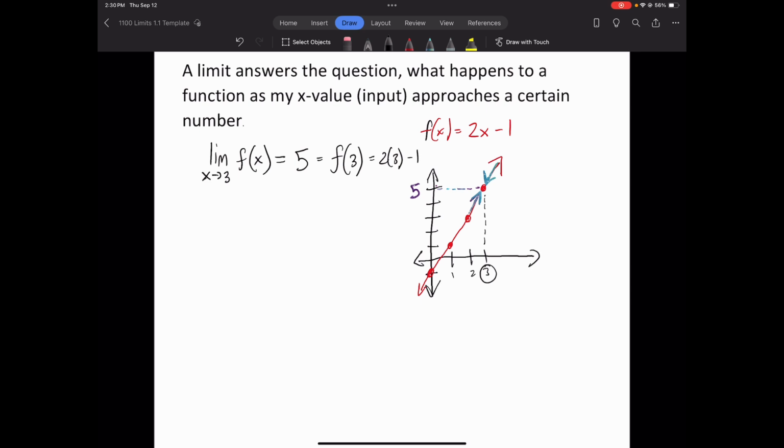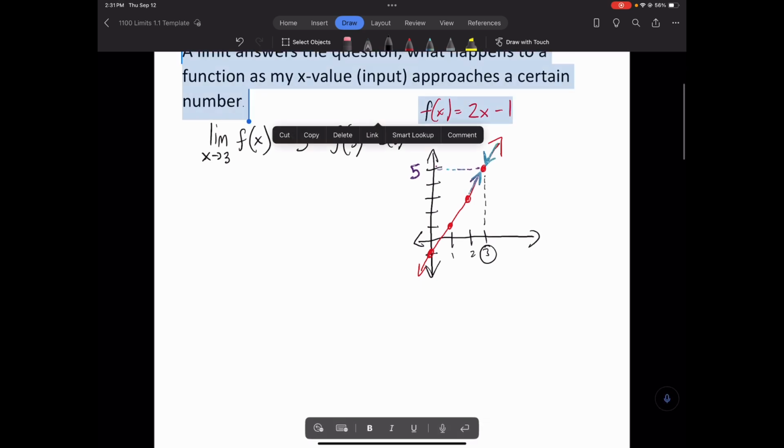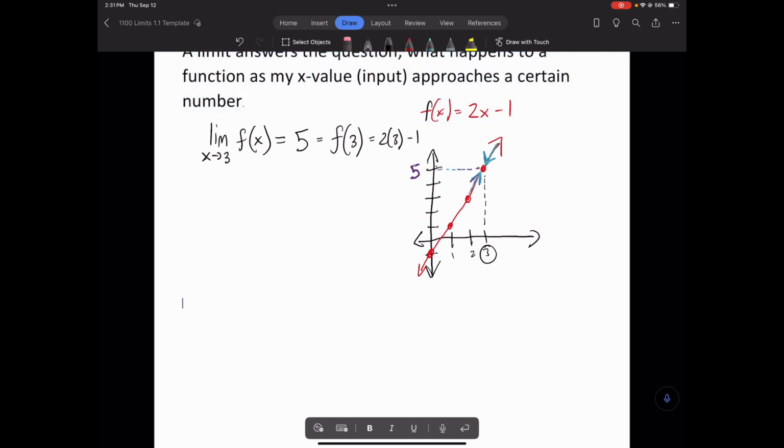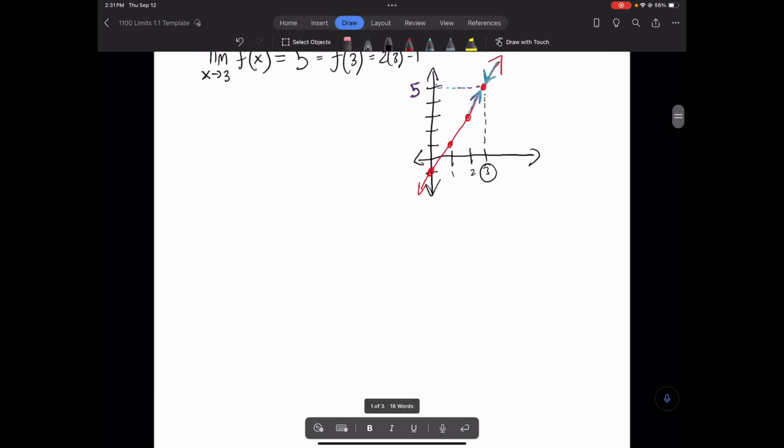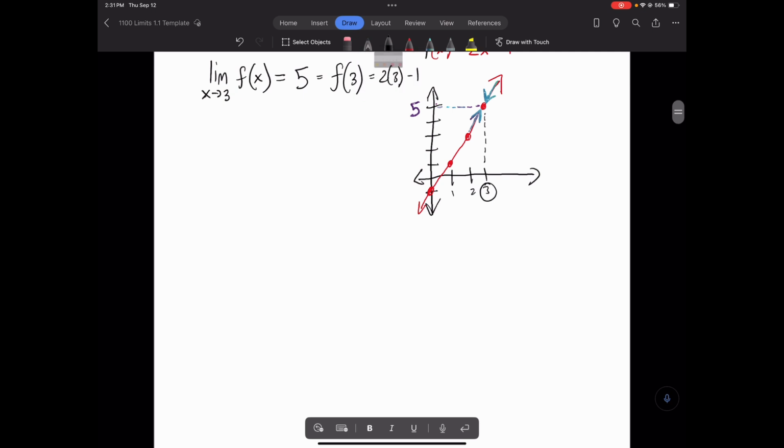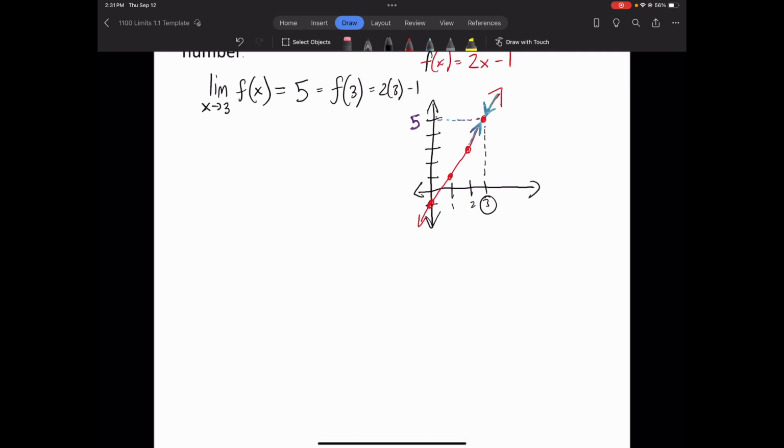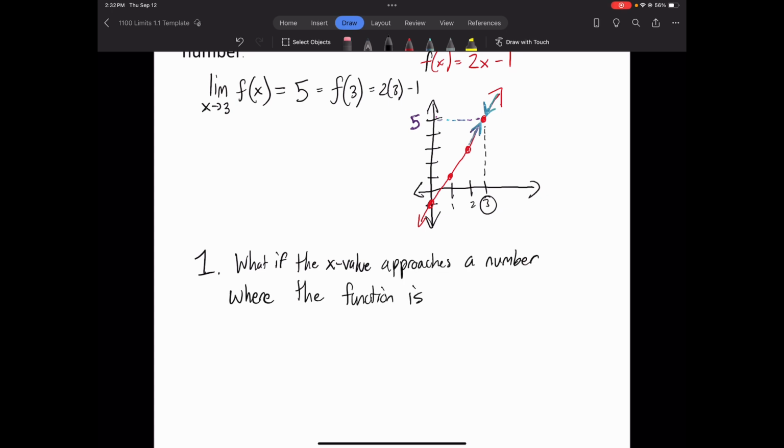So what's the point? Why do I need limits when I can find that by just plugging into the function? Well, there are two big areas where limits become very helpful. The first is, what if the x value approaches a number where the function is not continuous?